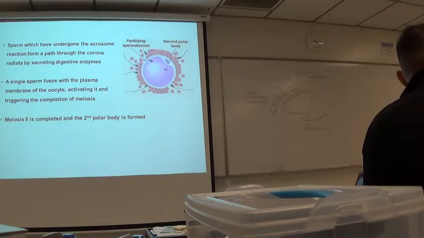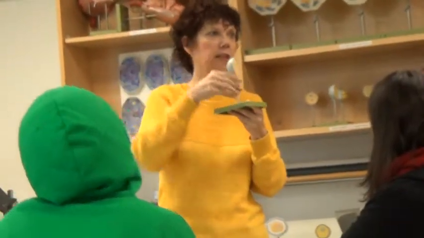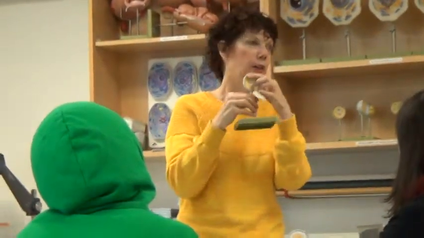Again, there's still a first polar body there. Now we see the formation of the pronucleus, which is the male and female N chromosomes coming together to form a new cell that's 2N. Still trapped under the zona pellucida, because when the sperm penetrates through it, it doesn't split it in half, it's only making a little hole. So the first and second polar bodies are still trapped under the zona pellucida.